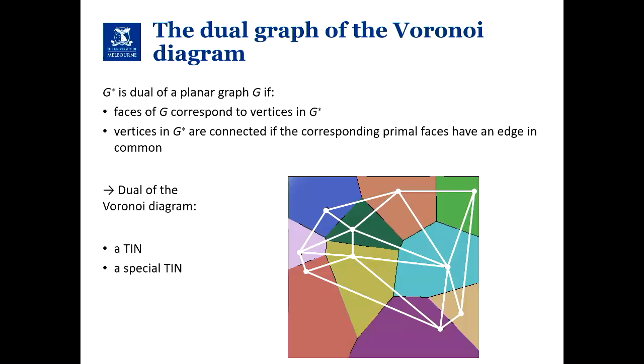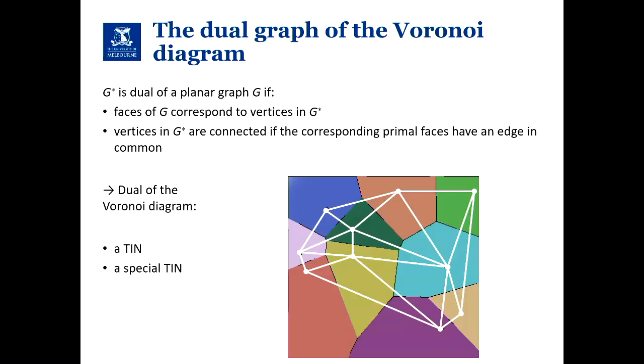Or if I don't have the Voronoi diagram, but I have a triangulation of some sort, I can calculate the Voronoi diagram from that. But it will be based on a function. If I convert the first graph to the second one, it's based on some function, because you can have a centroid also as one of the points. Right now, these are the points which you connected and created the dual graph.